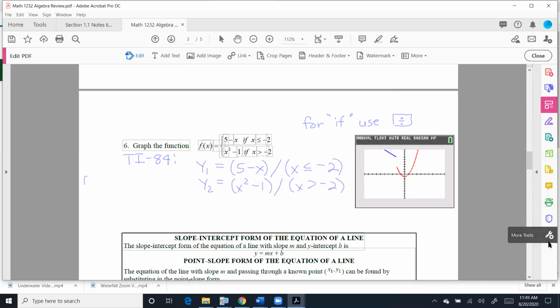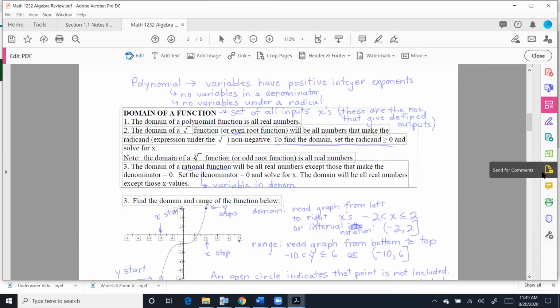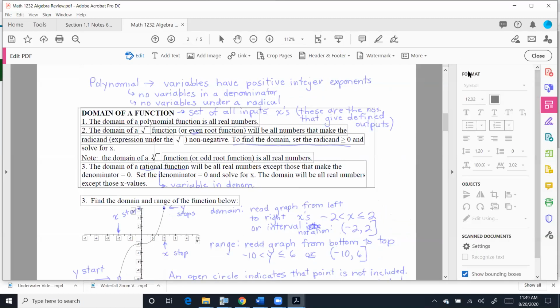PDFs, I don't use those that much. Okay, let's just see what's going to happen.